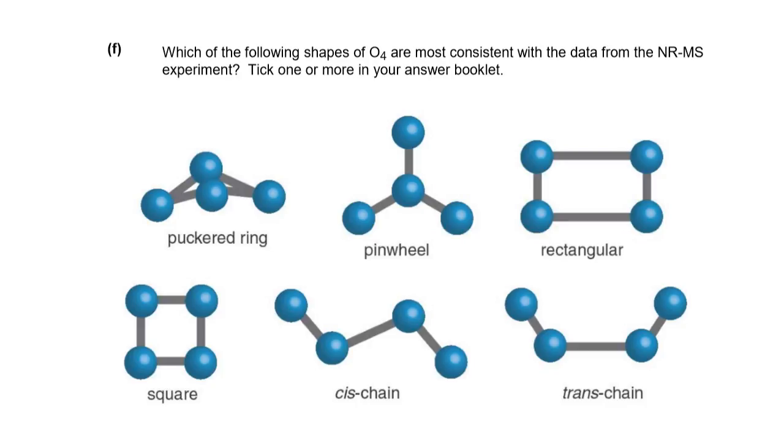So which of these shapes are going to be possible? Well, let's exclude a few more. So we said it can't be the square because we would definitely get the isotopic mixing there. For the same reason it can't be this puckered ring because it's also got 4 equivalent bonds. If you look at this pinwheel, while it doesn't have 4 equivalent bonds, it's got 3 equivalent bonds.